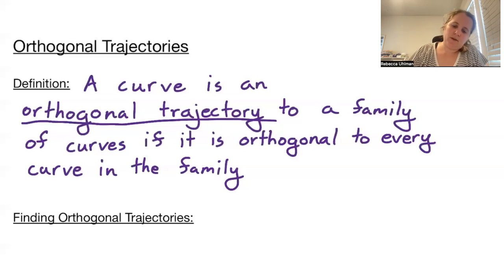And orthogonal here means they have perpendicular tangent lines at their intersection points.